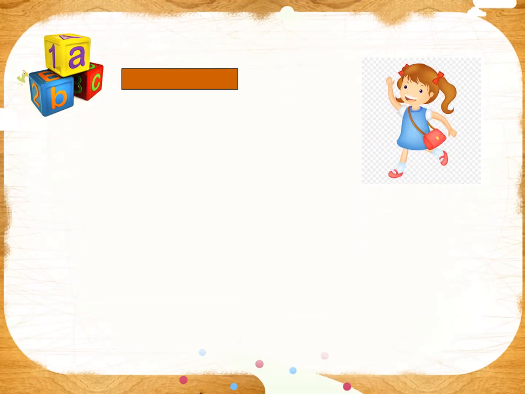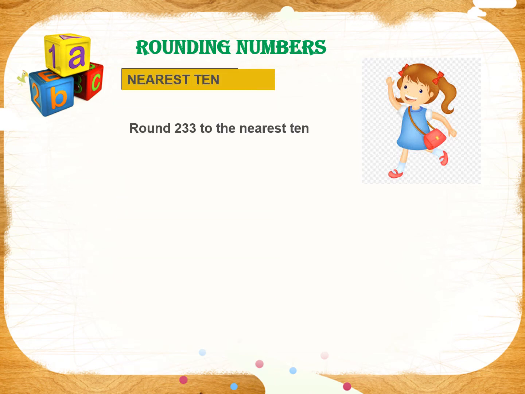Let's see rounding numbers. Rounding numbers to the nearest 10. Round 233 to the nearest 10.